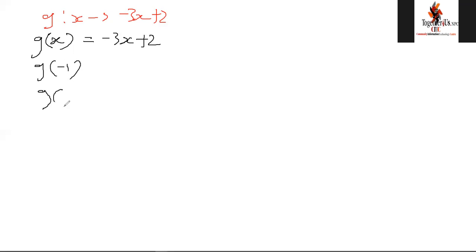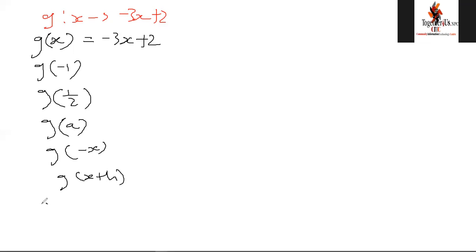What is g of a half maybe? And what is g of a maybe, and what is g of minus x, and perhaps we can introduce this and say, what about g of x plus h, and what about g of x plus h minus g of x? So let's have some fun and do this.